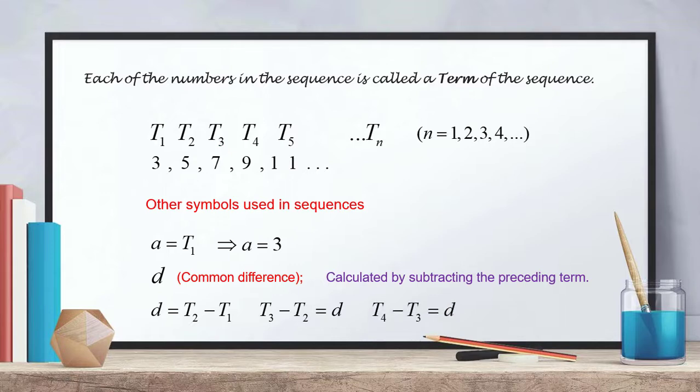D can also be calculated by subtracting T3 from T4, and so on and so forth. I repeat, the common difference in an arithmetic progression is calculated by subtracting the preceding term.